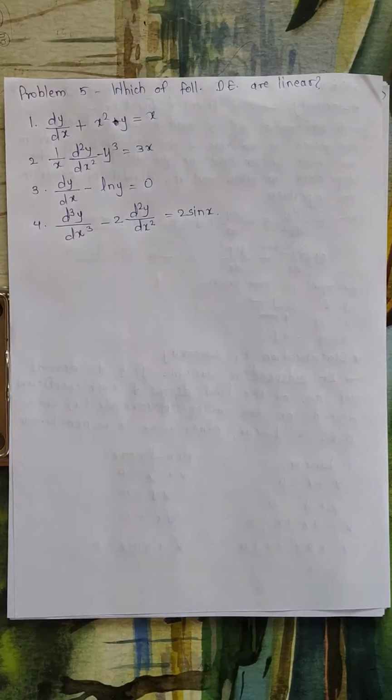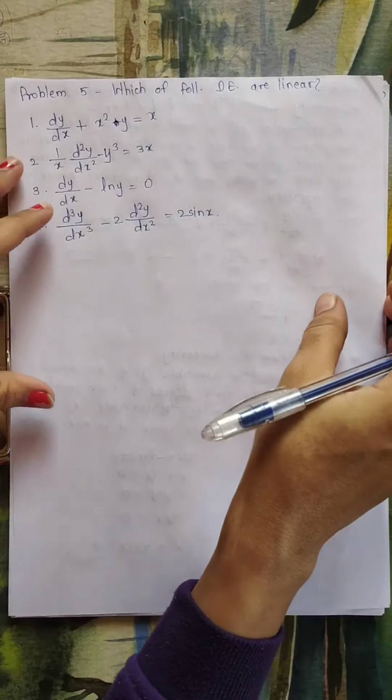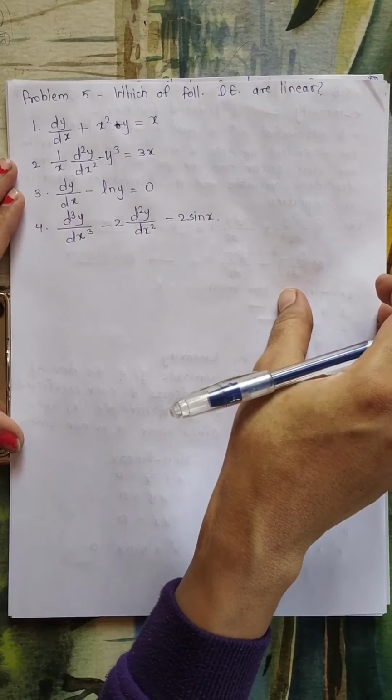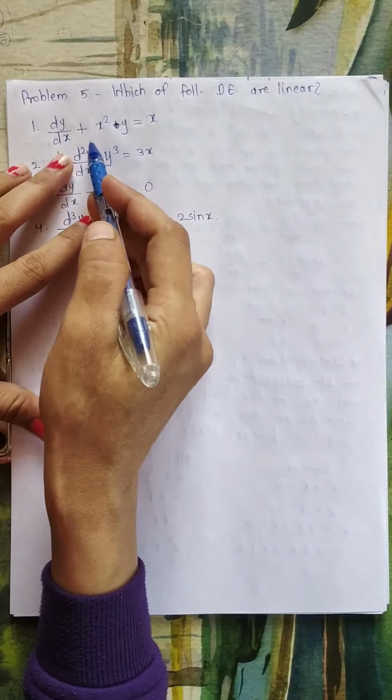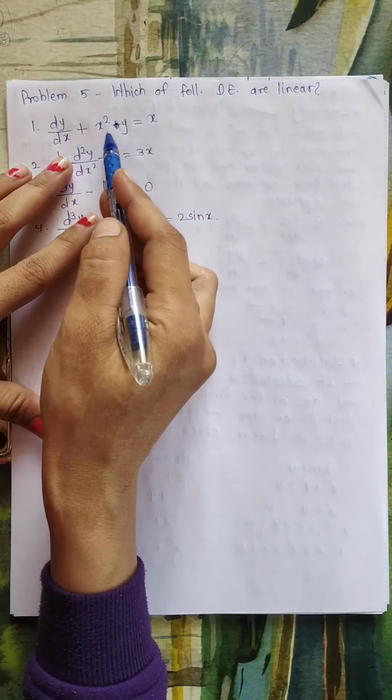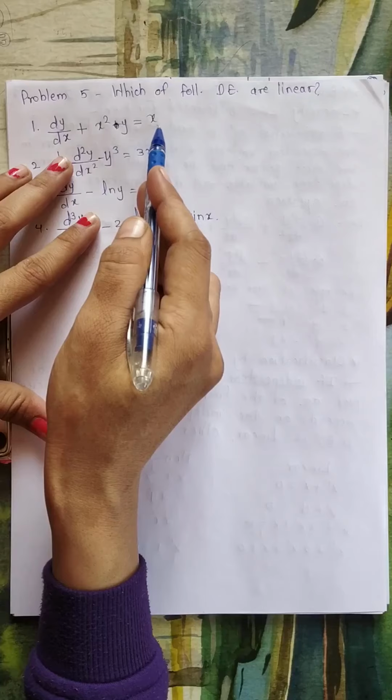Now let's discuss a problem based on this linearity. The problem is, which of the following differential equations are linear? They have given us four differential equations. Let's discuss them one by one. In the first, we have dy/dx + x²y = x.